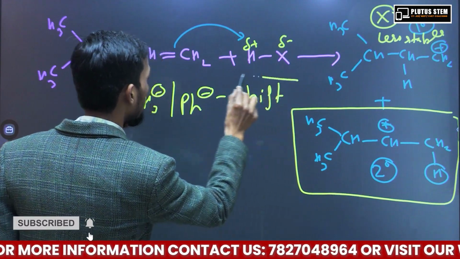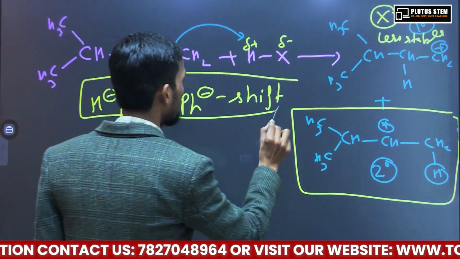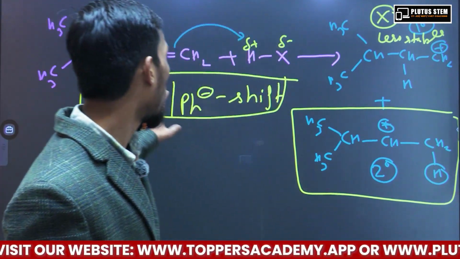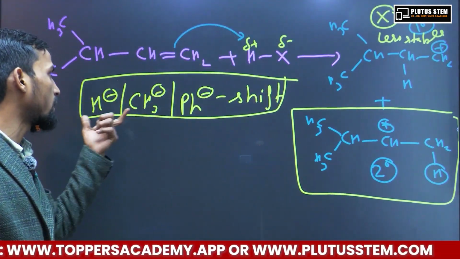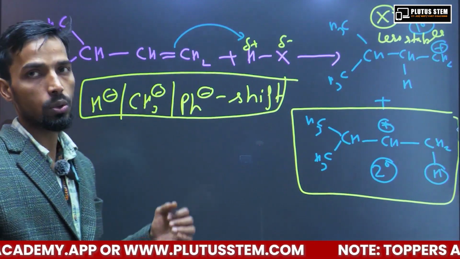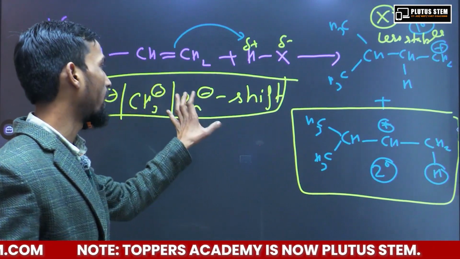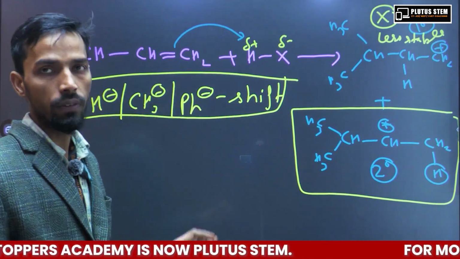Sometimes we can see that this type of shift takes place to get a more stable carbocation. If you are getting a more stable carbocation with the transfer of any of these, then it is quite probable that you are going to get such a hydride, methyl or phenyl shift.